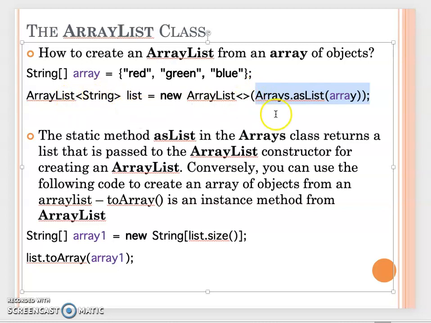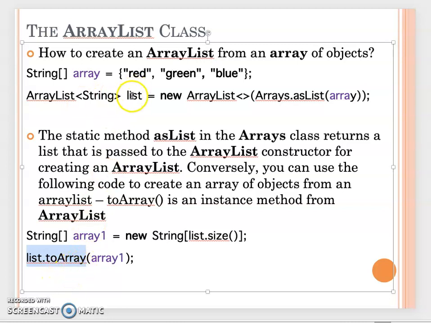Once you create an array, you can use this existing array to create another ArrayList. And we can also do the reverse. Since you have an ArrayList, can I convert that to an array? Yes, you can do that too. When you do that, we call list.toArray, where list is the ArrayList.